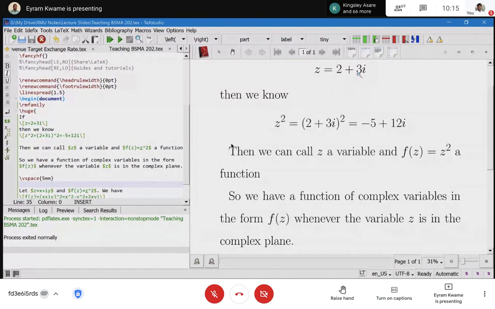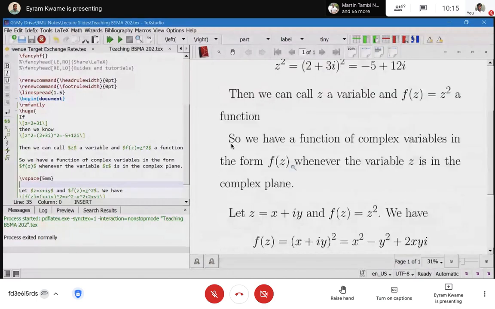Please, what is the difference between a number and a variable? A number and a variable. So, what is the difference between a number and a variable? I'm waiting for an answer.